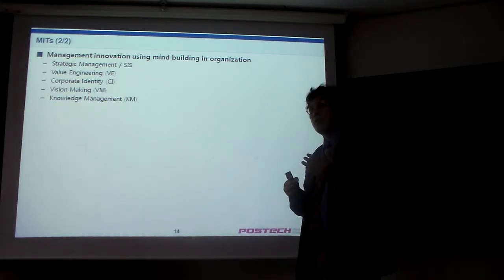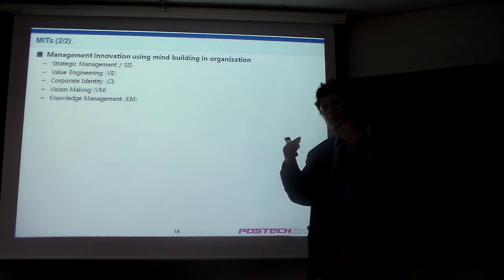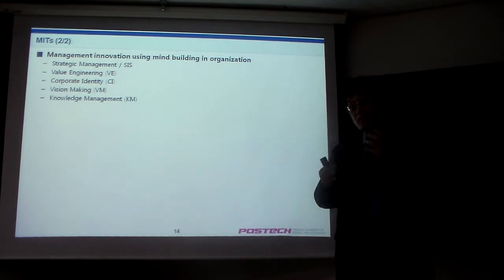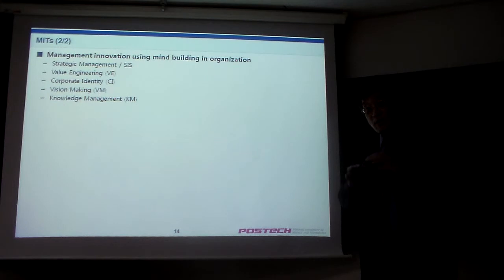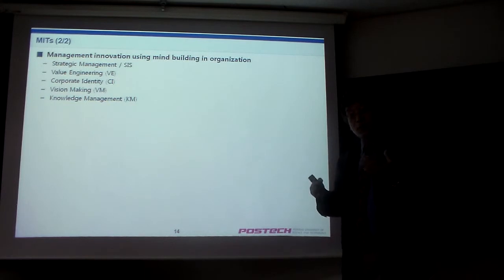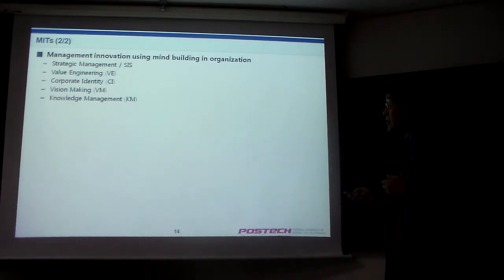However, knowledge management is, in a sense, a superset: information system is a subset of KM. Knowledge management can use information system as a tool, but also many other tools for managing the organization more intellectually, so intelligently. So that's KM.